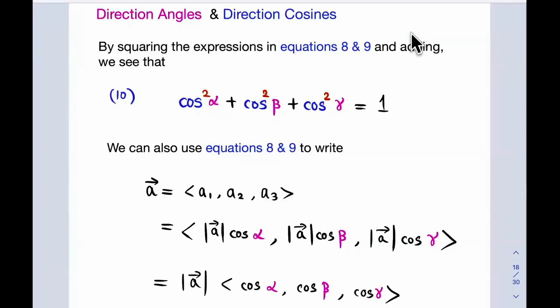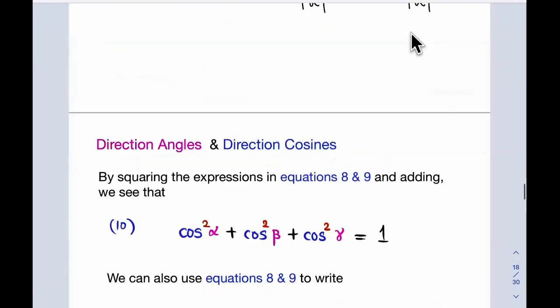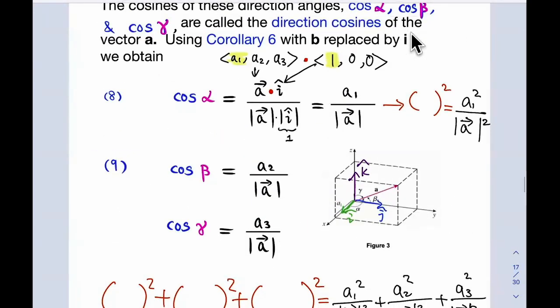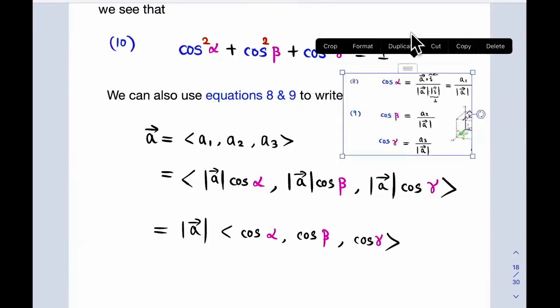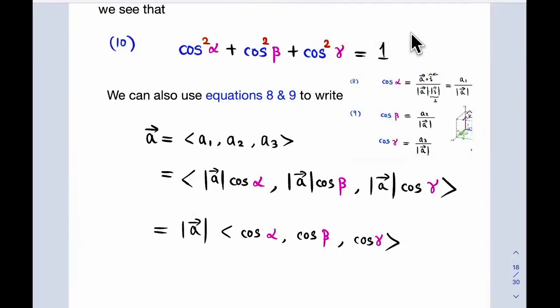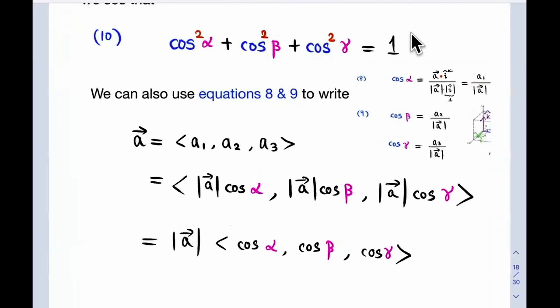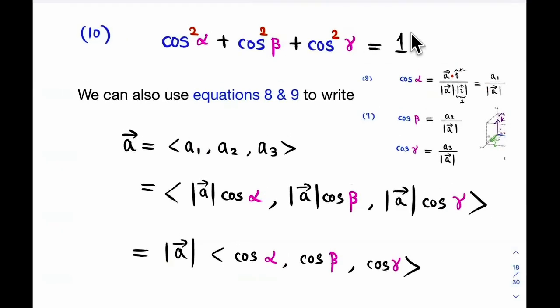And then we can also use the two equations to write this vector. Equation 8 and 9. Let me copy that for you. So if you solve for A1, it is the magnitude of A times cosine alpha, right?